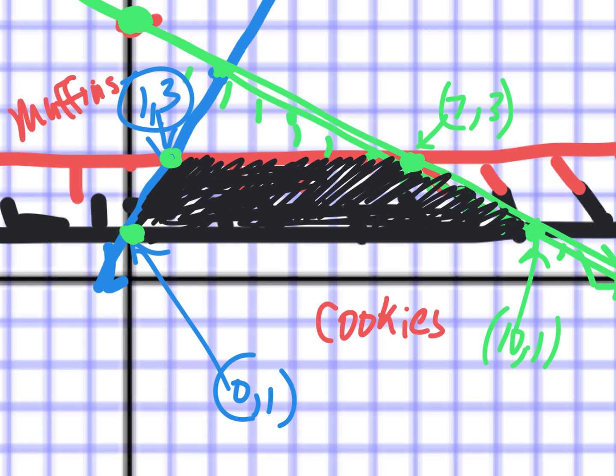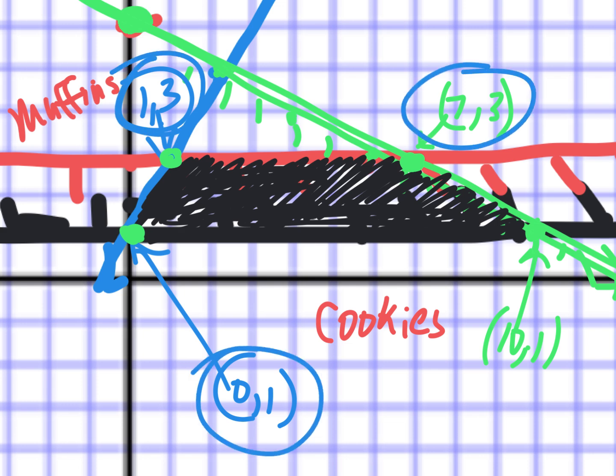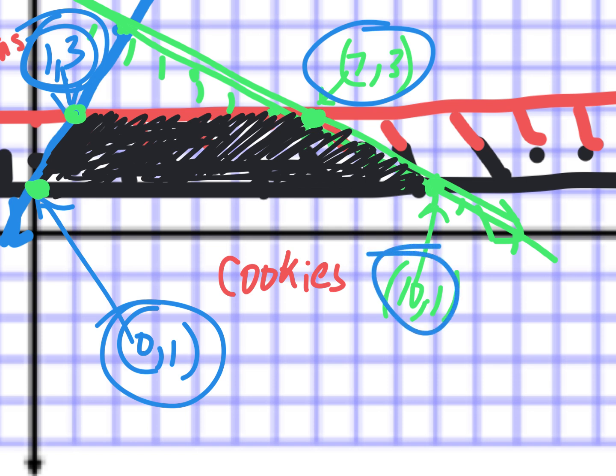Now, how would you pick between 0, 1, 1, 3, 7, 3, or 10, 1? How do you pick? Well, I haven't told you enough info yet.